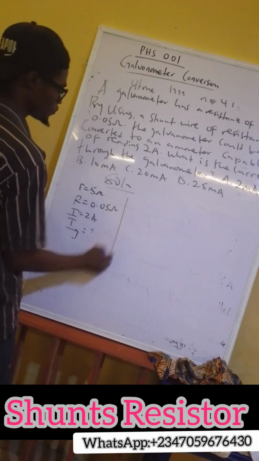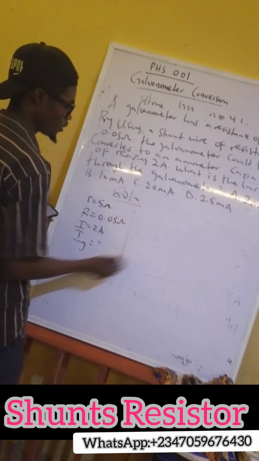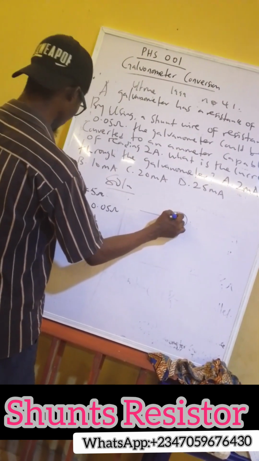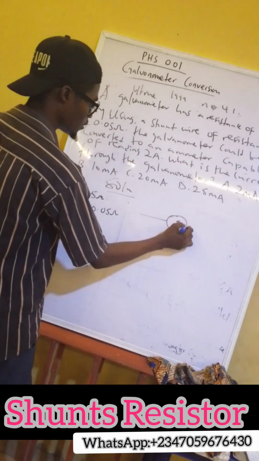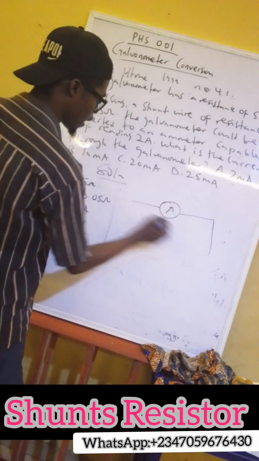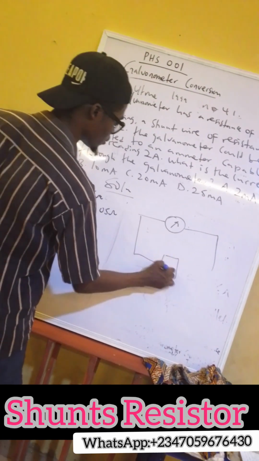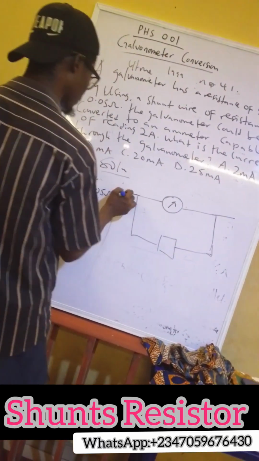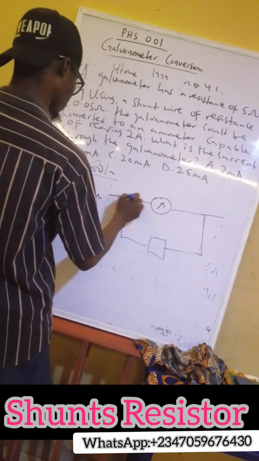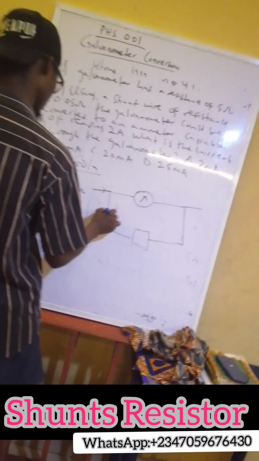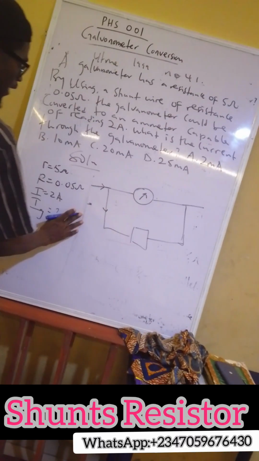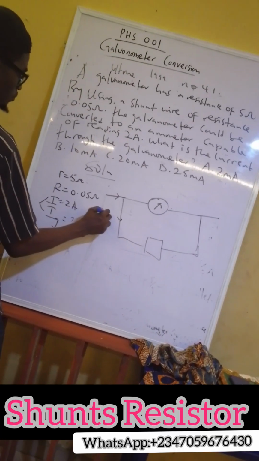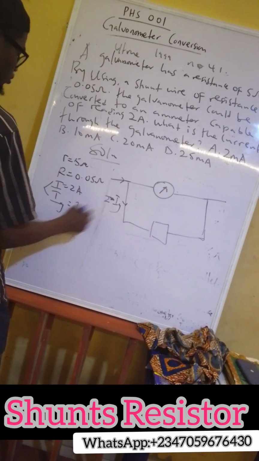So we are finding Ig, but before then we can still draw a diagram. We have our deflection, and these are our shunts. Don't forget that this side is I minus Ig, that is 2 minus Ig.